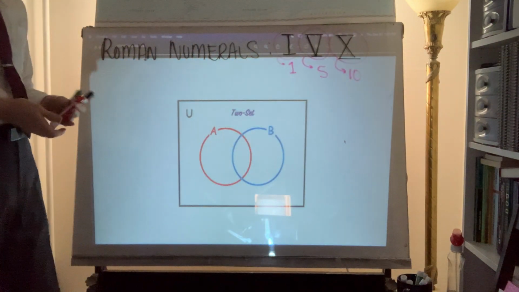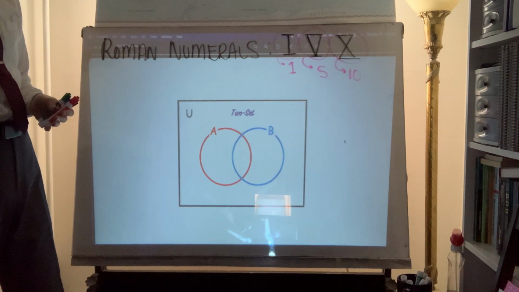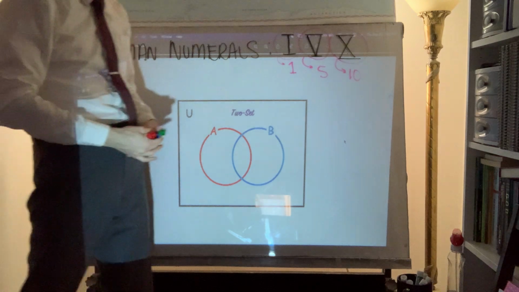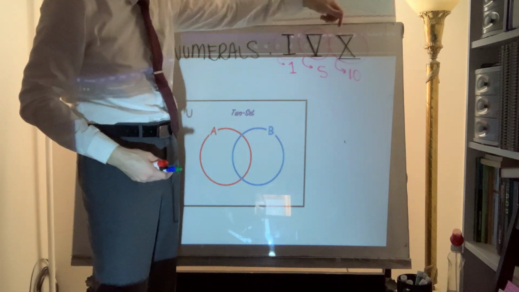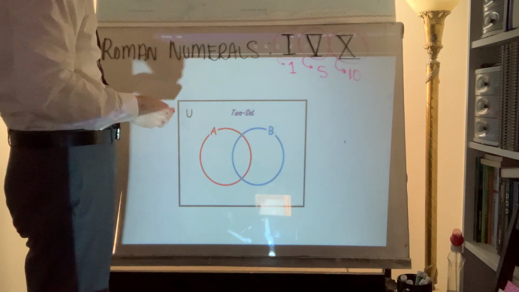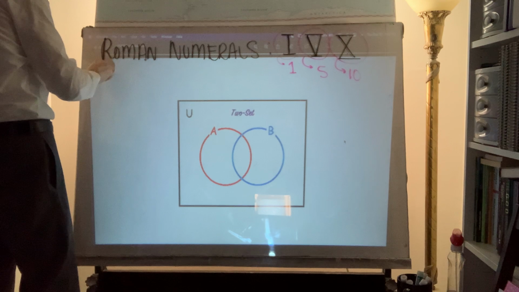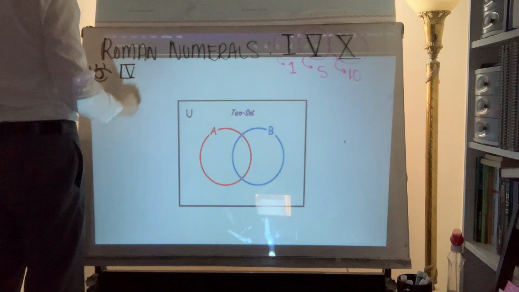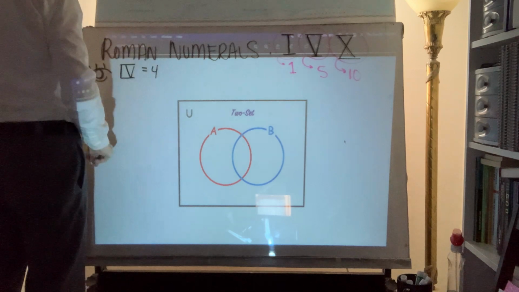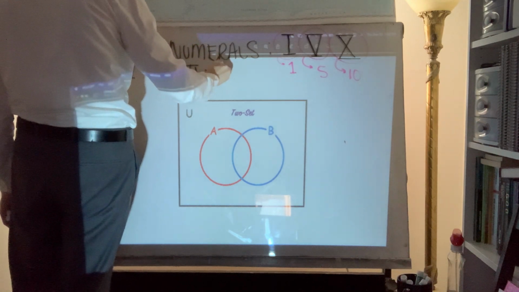If there is any combination of these, they would be something in between or something just after. So for example, if you saw an I and then a V, that means 4. If you saw a V and then an I, that means 6.